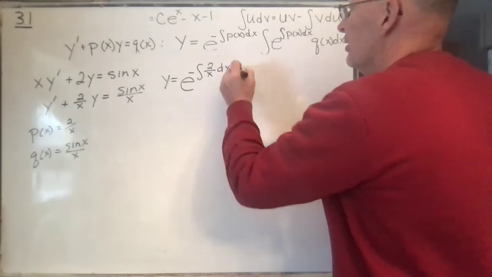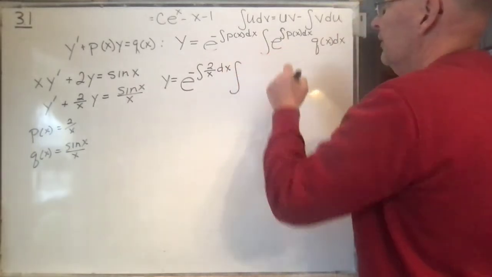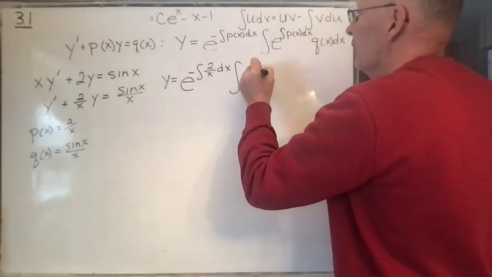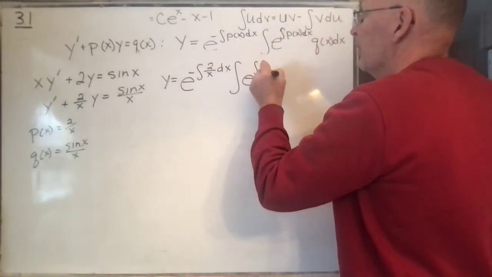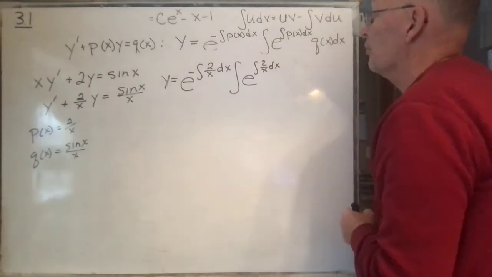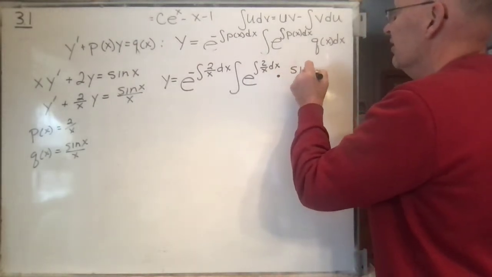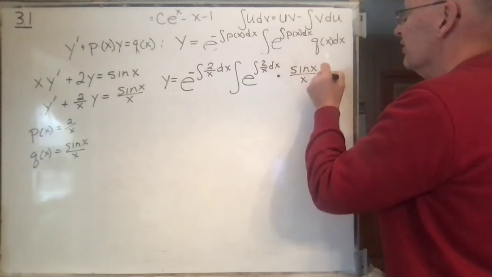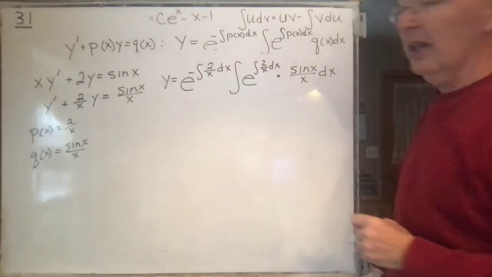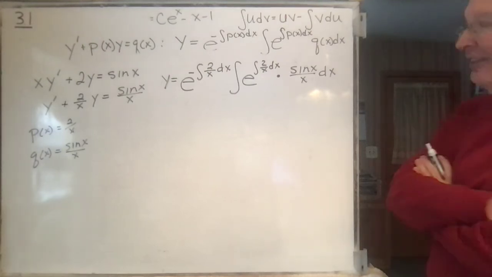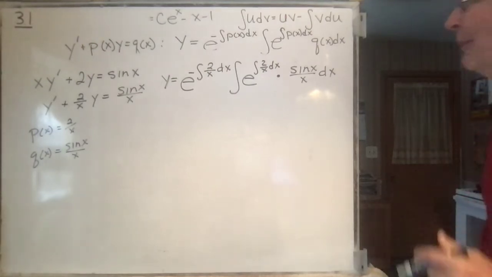And then times the integral of e to the integral of p of x, which is the integral of 2 over x dx, and then q of x is sine of x over x dx. This one has me scared, to be honest with you. I'm not sure I see the answer to this one. Hopefully it works out. Let's see what happens, okay?